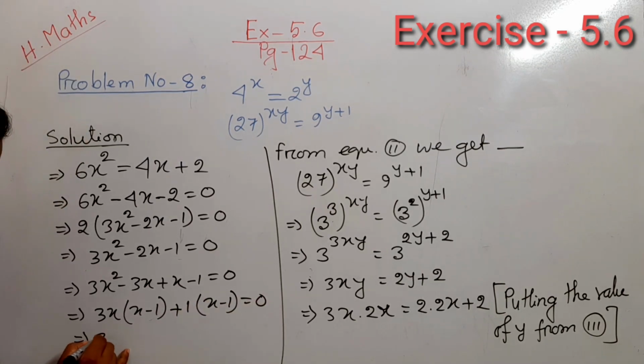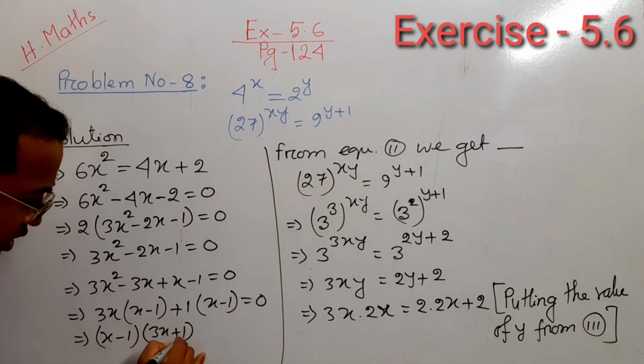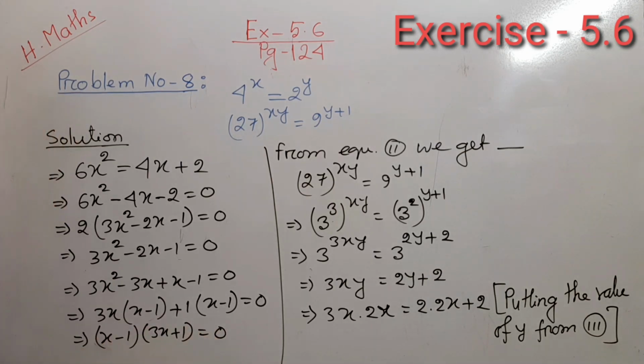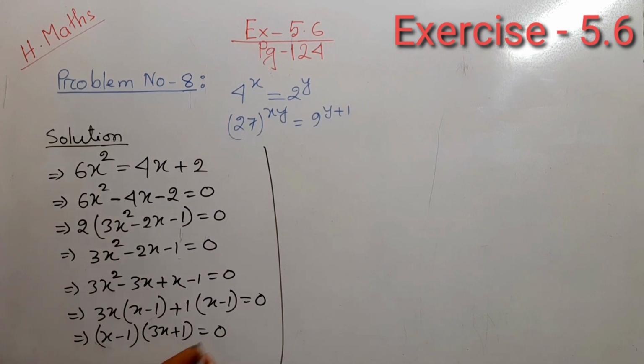So we can write (x minus 1)(3x plus 1) equal to 0. Since the product of these two factors is 0, individually these two factors will be 0.